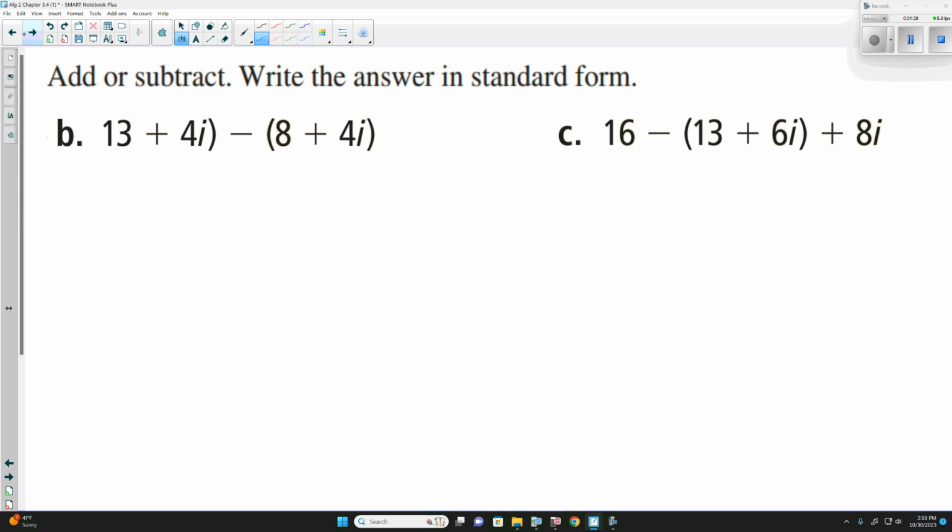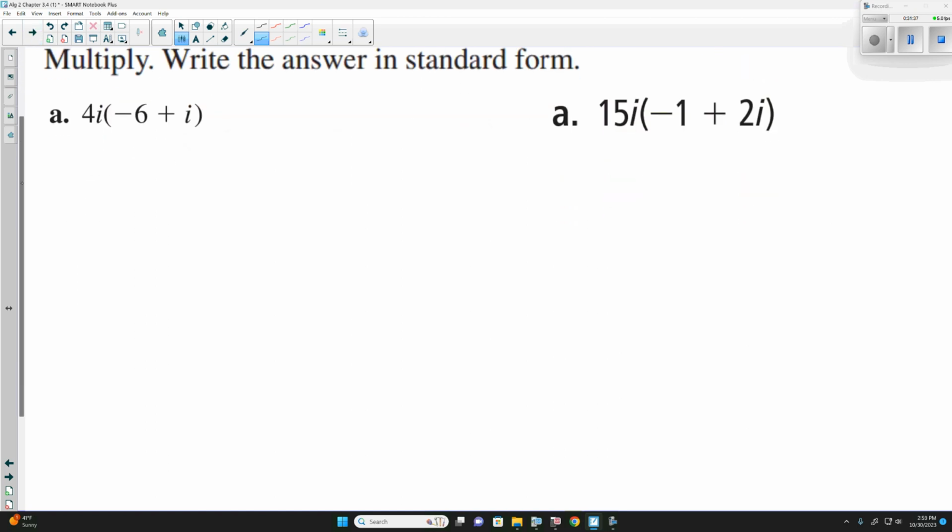Questions with addition or subtraction? Yep. So we'll look at multiplication here. If we did this by hand, we would distribute. 4i times negative 6 would be negative 24i. 4i times i would be plus 4i squared.